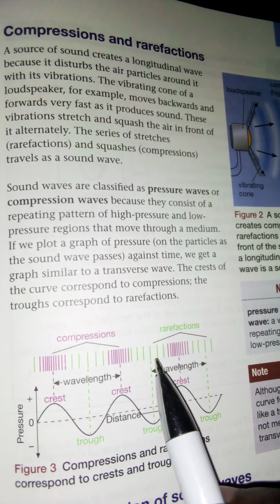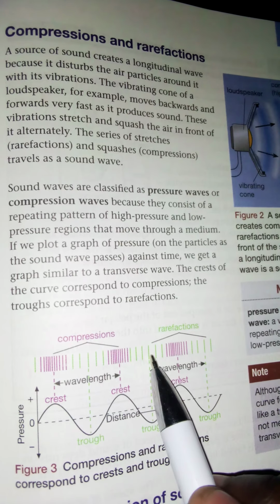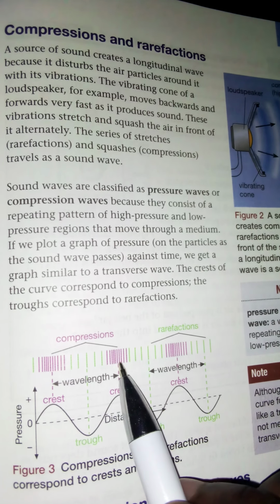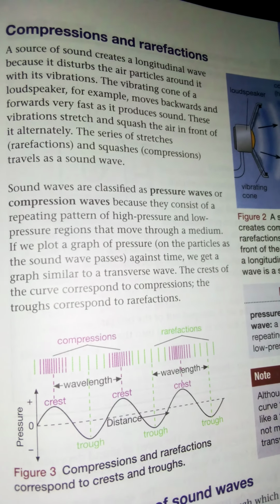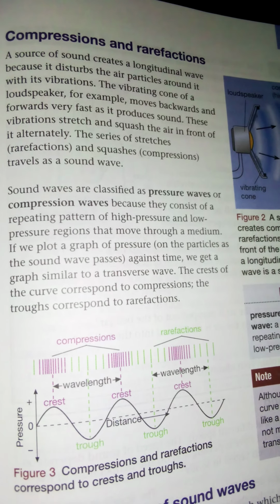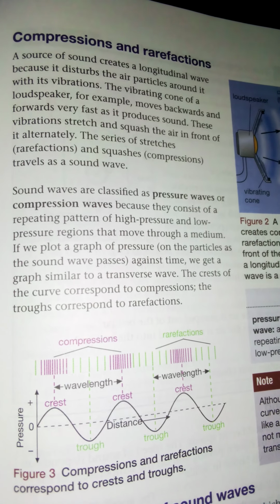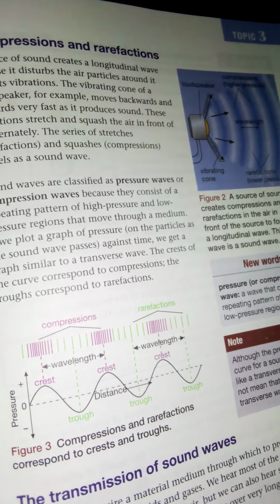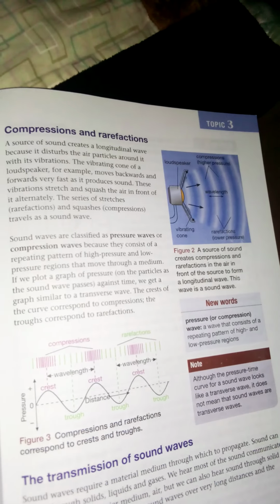Why? Because it has lower air particles, but this part has higher air particles. So this is what you should know, what happens when sound travels in the air. These are the two regions that it creates. So that's what you should know about a sound wave.